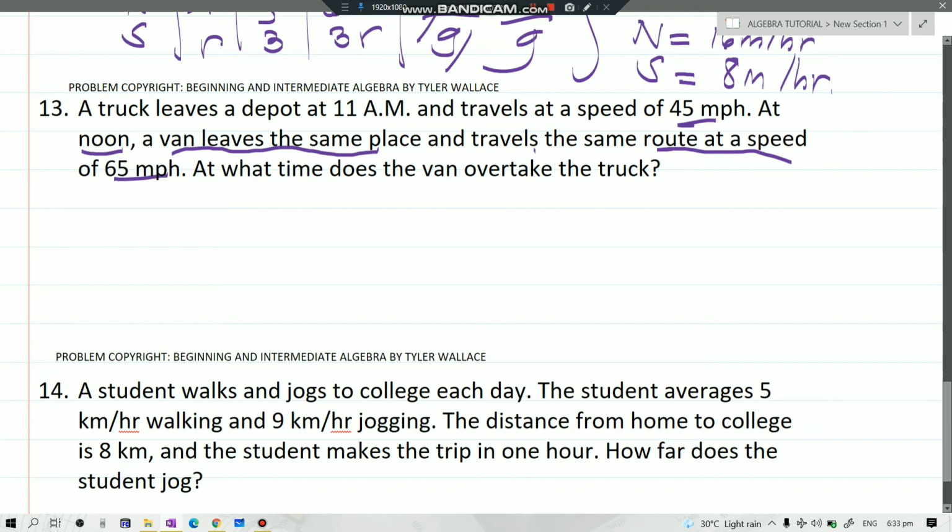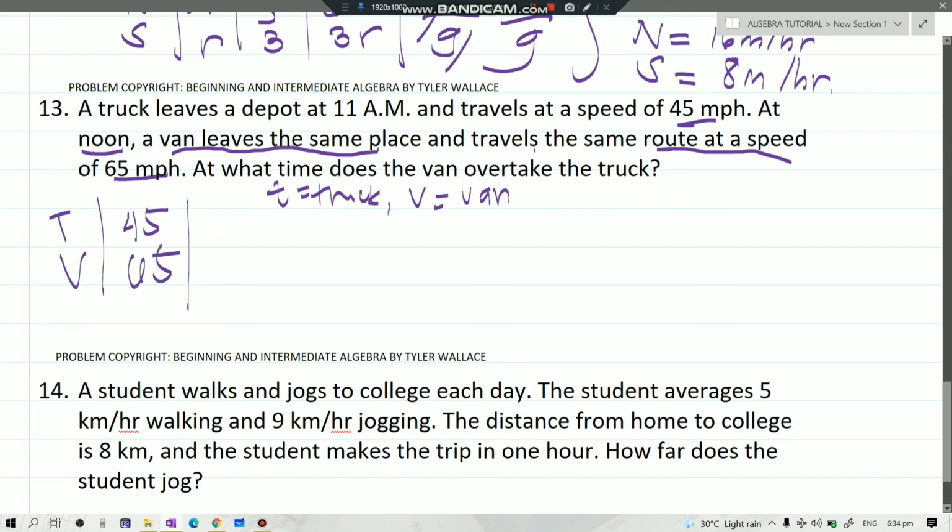So, let T is equals to truck. V is equals to van. Okay? So, that is T and V. Okay? So, what will be the rate? So, yung truck may rate siya na 45 and yung van may rate siya na 65. And what will be the time?